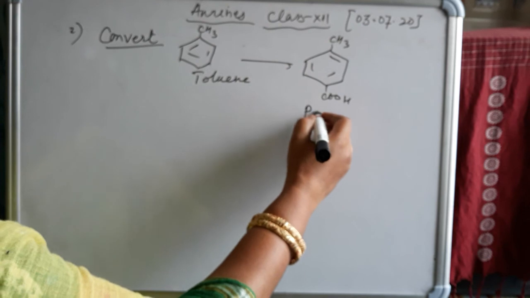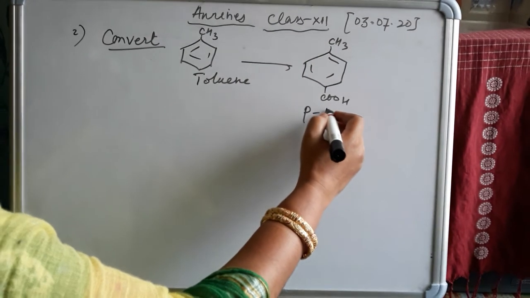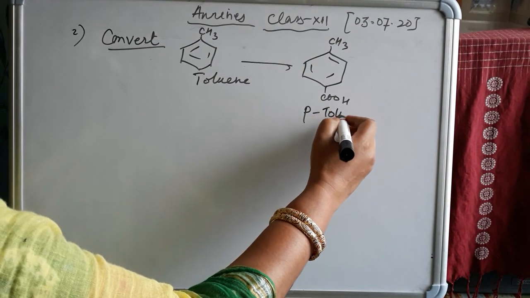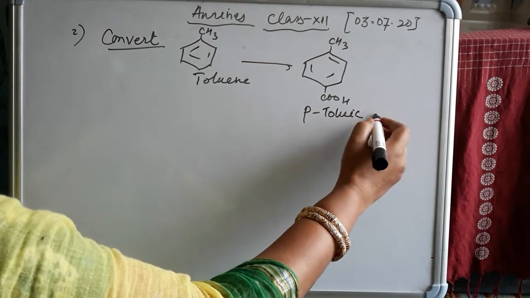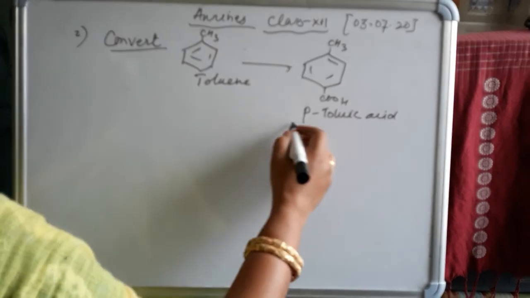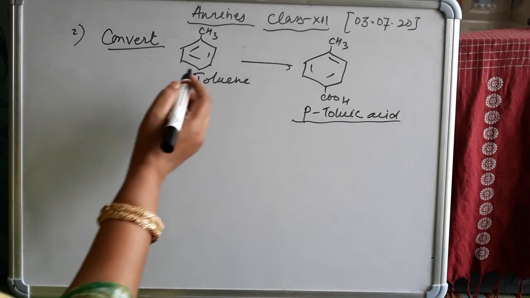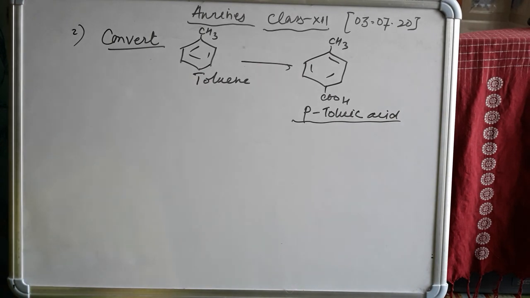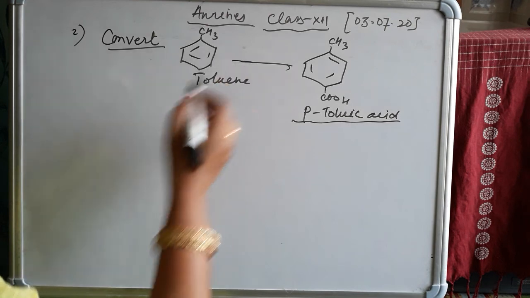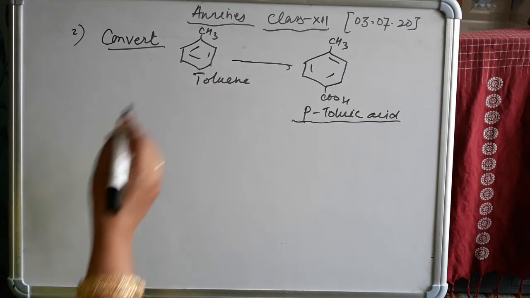It is known as para-toluic acid. Para-toluic acid is the name of this compound. So what is the process and which reagent is used to form it?